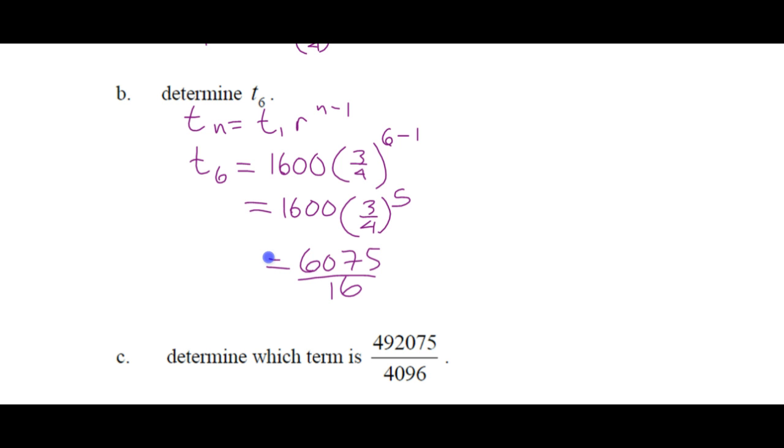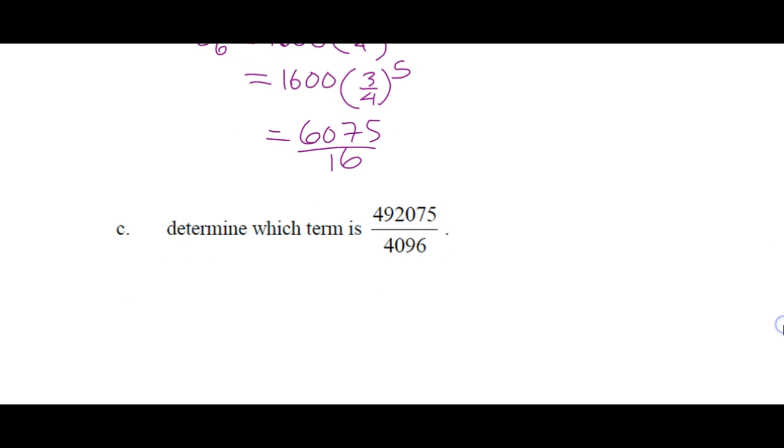Determine which term is 492,075 over 4,096. So what are we looking for here? N, looking for N, right? Okay, so formula, T sub N is T1 times R to the N minus 1. We know T sub N, it's 492,075 over 4096.